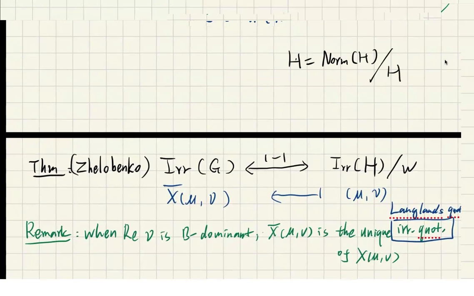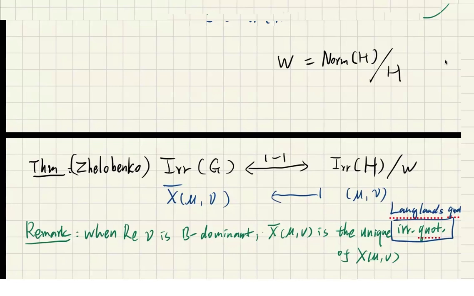You can think the Weyl group is the normalizer of H divided by H. So this Weyl group acts on H, so it also acts on the irreducible representations of H. So the W orbit of irreducible representations of H in this way will uniquely give you an irreducible representation of G. So this is a parameterization.